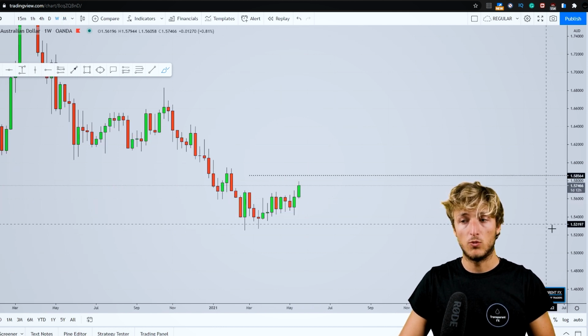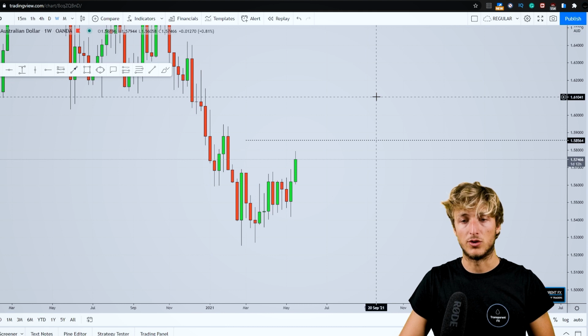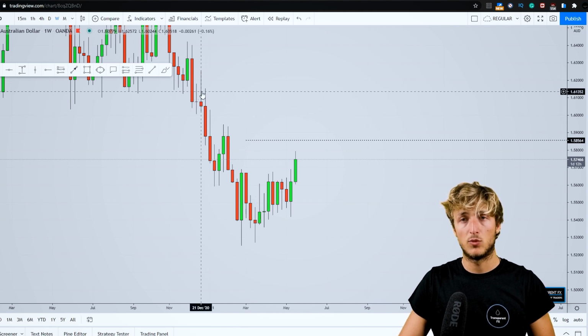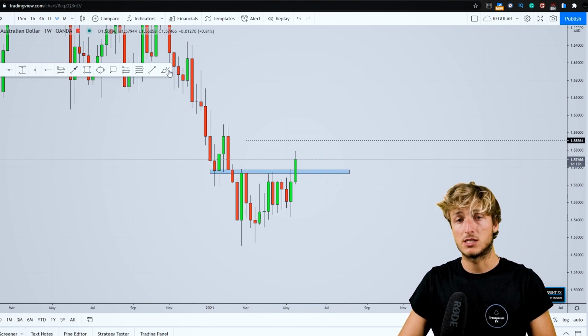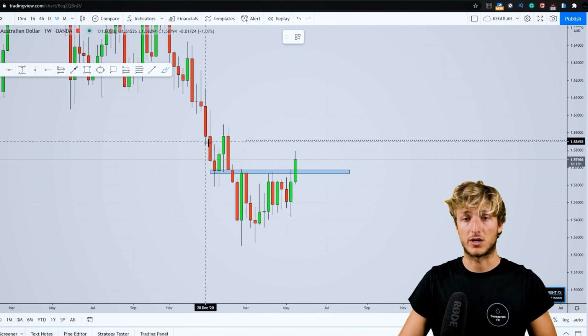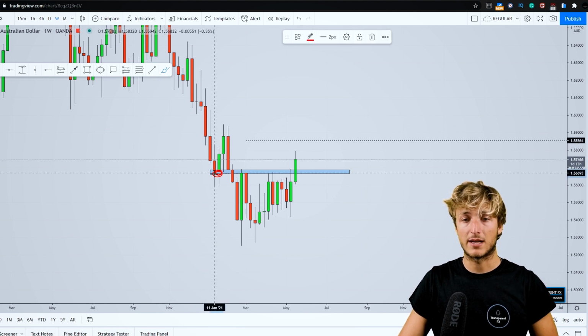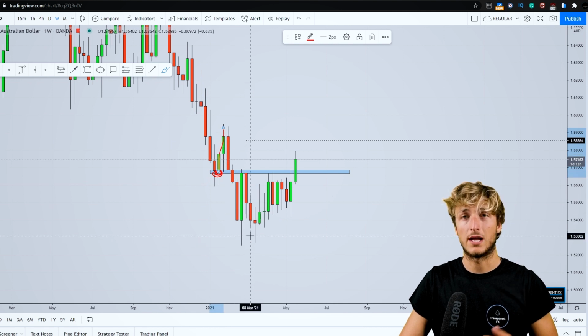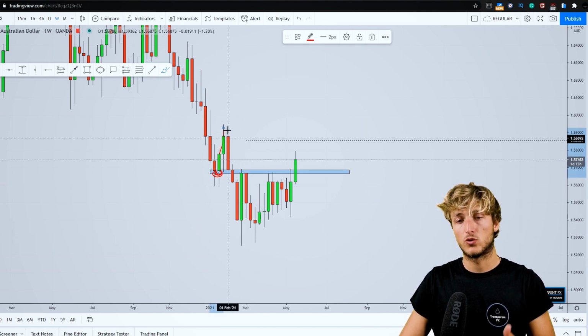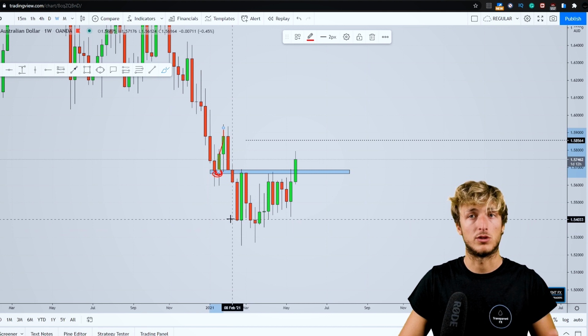Going down on the weekly time frame, what do we see? Here in the weekly, we can see that at the moment the market has just broken above a quite important weekly structure area, actually a historical structure level for this market. In fact, this zone was acting as very strong previous support. Here the market then broke it to the downside, and as you know, previous support, once it is broken to the downside, is turned resistance.